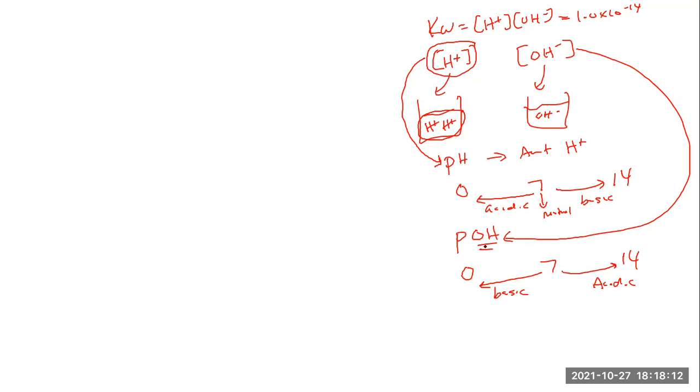So they represent the same numbers, but they mean different things if you tell somebody a pH value versus a pOH value in terms of whether it's acidic. If you have a low pH, you would have a high pOH and vice versa. If you had a high pH, you would have a low pOH. So they are different.